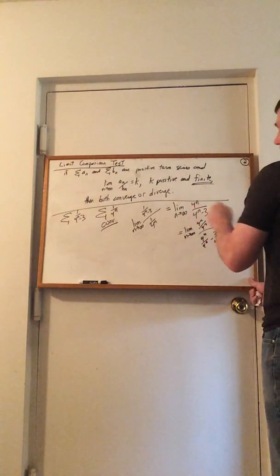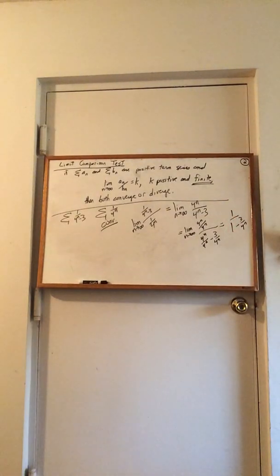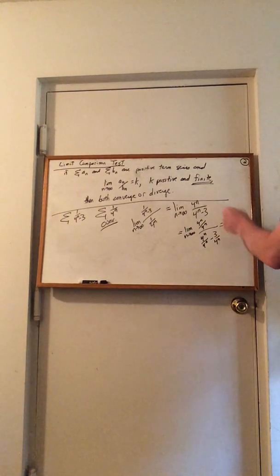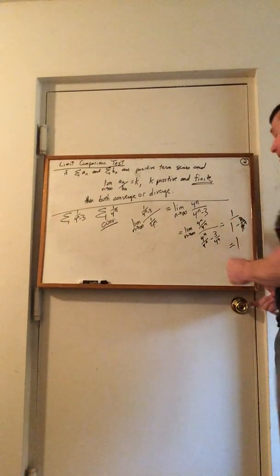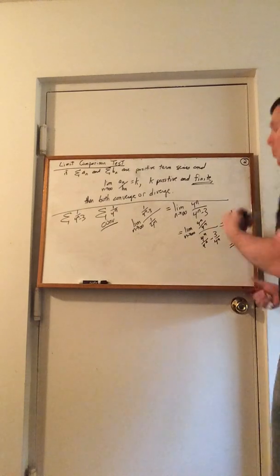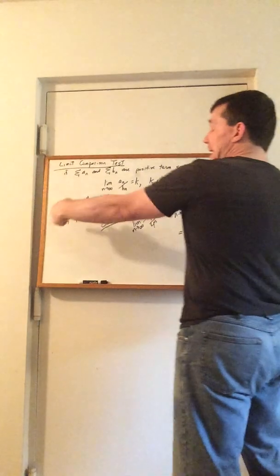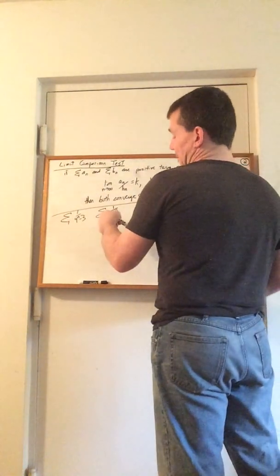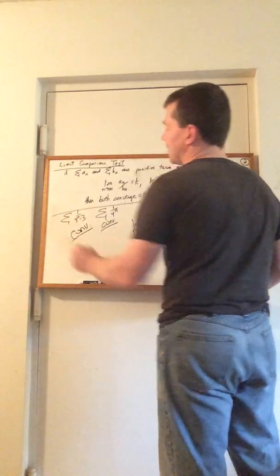Now that becomes 1 over 1 minus 3 over 4 to the n. If you take the limit as n approaches infinity, this becomes 3 over infinity, so this goes to 0, and you get 1 over 1, which is 1. That tells me my k is equal to 1. It's positive and finite, which means either both series converge or diverge. Since we know this one converges because it's geometric, this one converges.